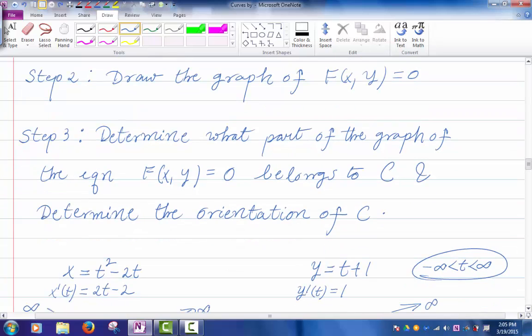So step 2 would be to draw the graph of the equation that you obtain after eliminating t, which we have done, and step 3 would be to determine the orientation of the curve and whether my curve is the entire graph of the equation. Let me give you a few seconds to write that up.